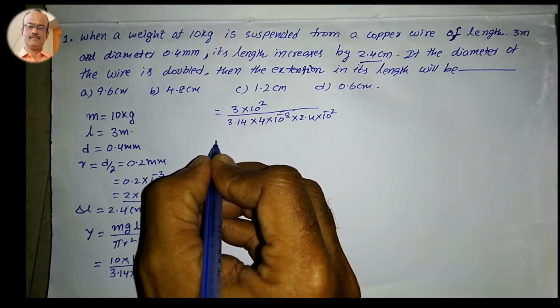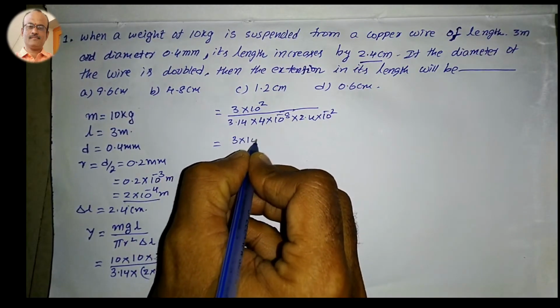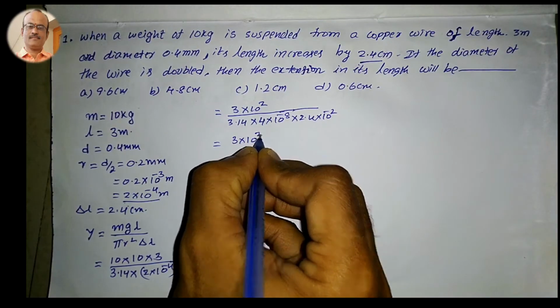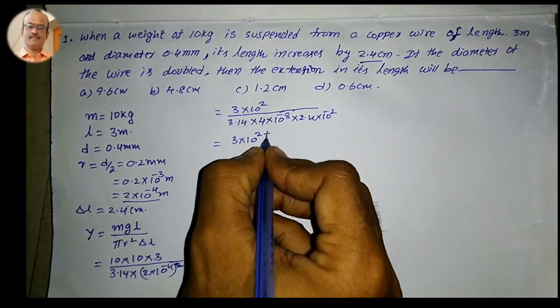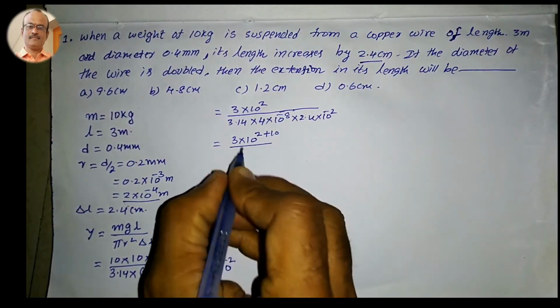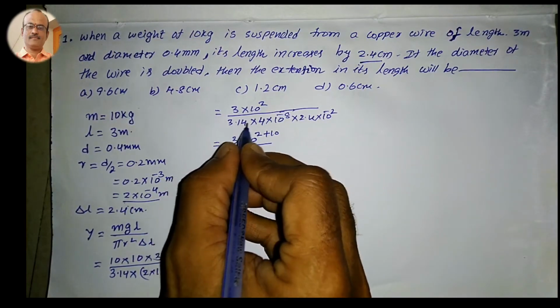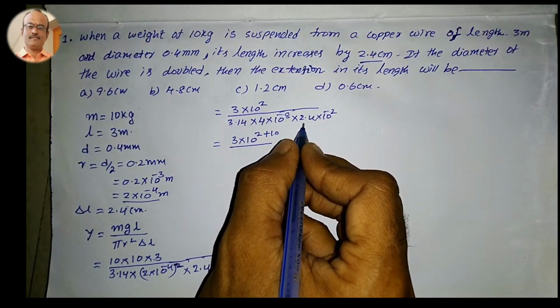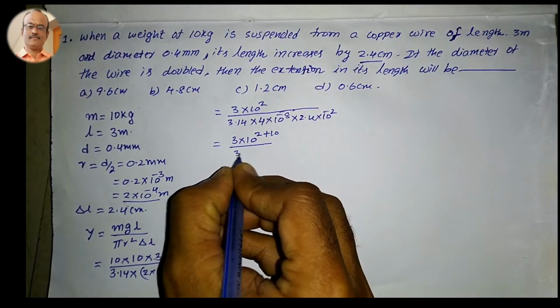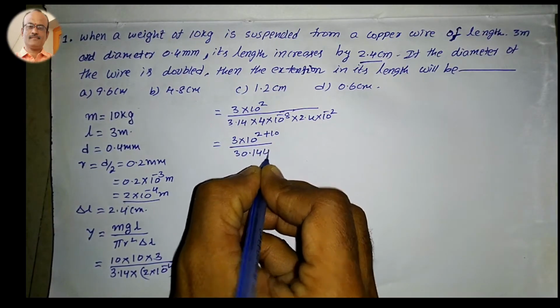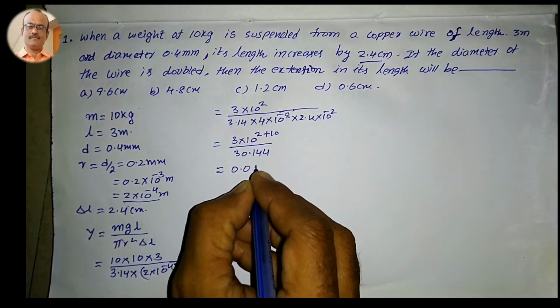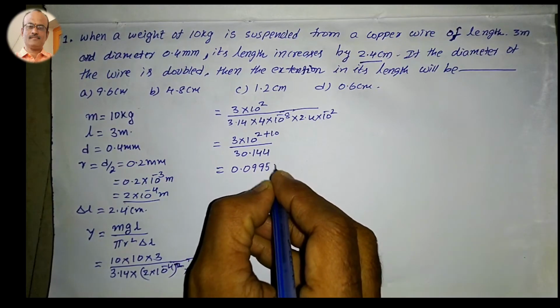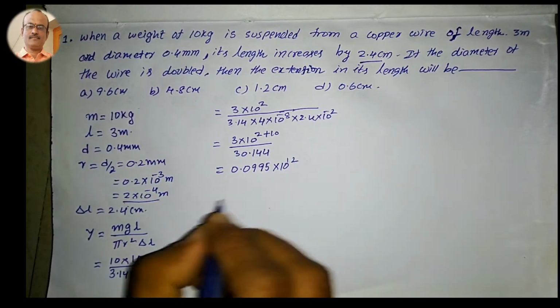On simplification, 3 into 10 to the power of 2, and minus 8 minus 2 is minus 10, so plus 10, divided by 3.14 into 4 into 2.4. On multiplication, 30.144, so the value is 0.0995 into 10 to the power of 12.